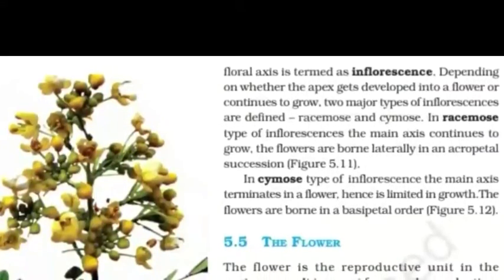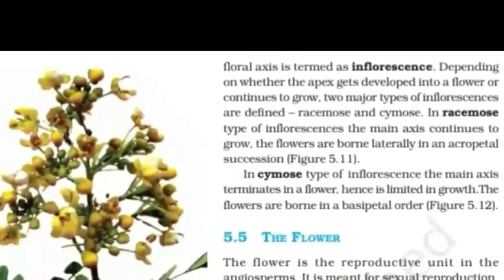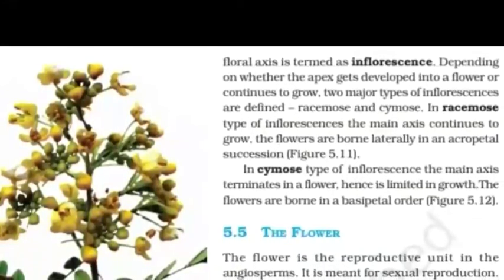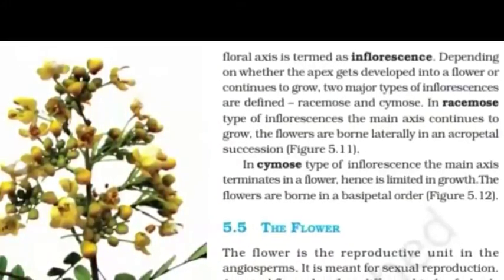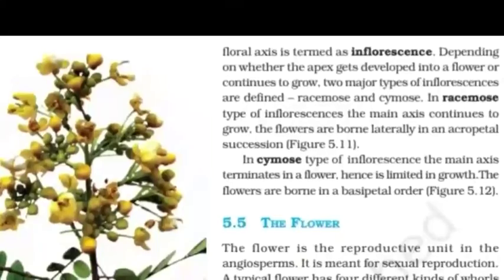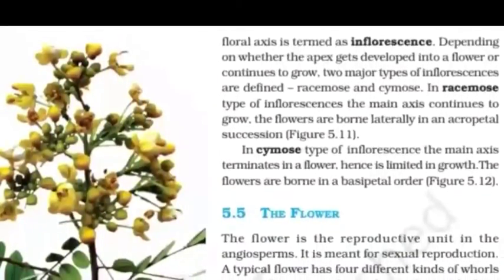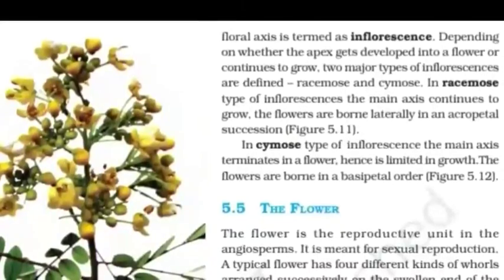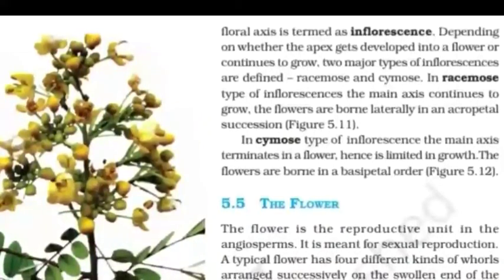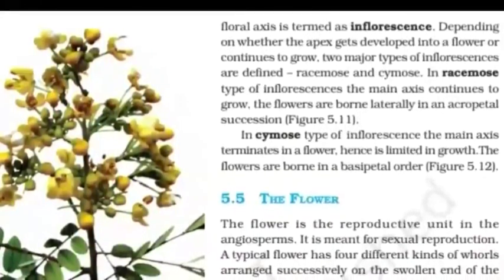Depending on whether the apex gets developed into a flower or continues to grow, two major types of inflorescences are defined: racemose and cymose. In racemose type of inflorescence, the main axis continues to grow.